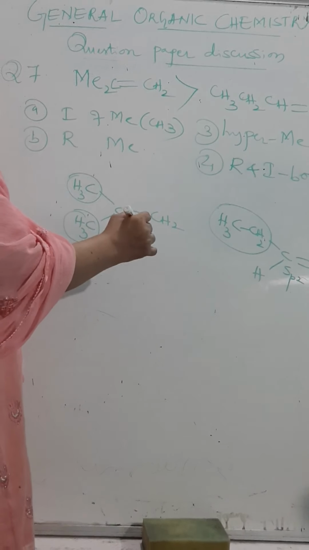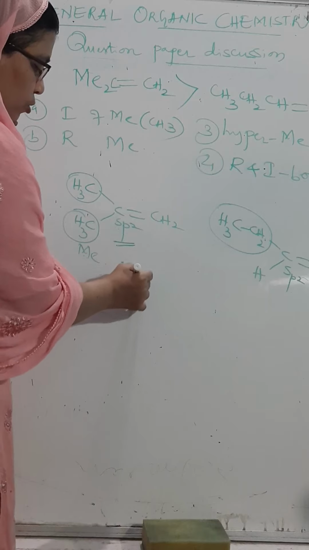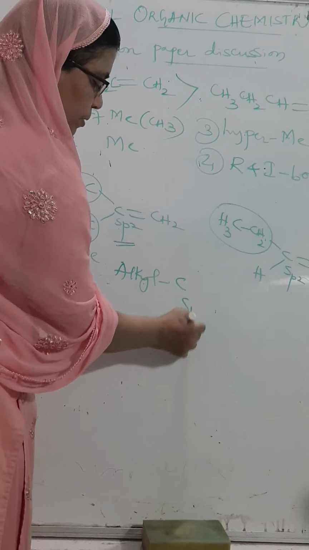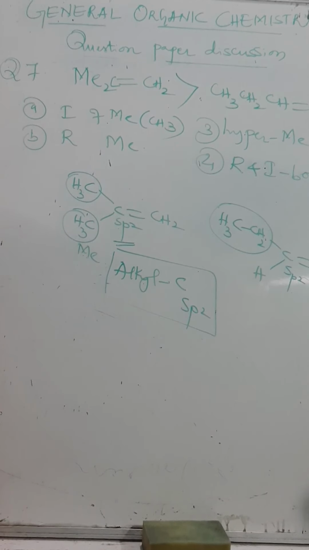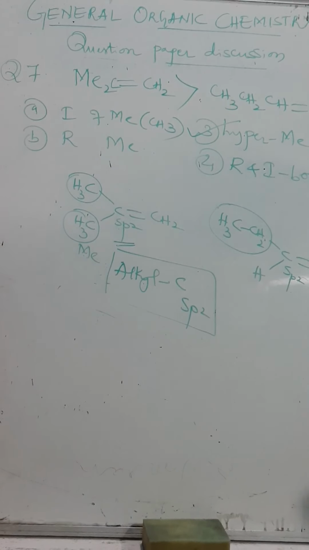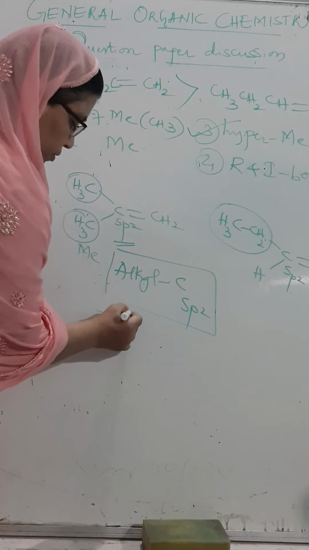This can be explained on the basis of what? An alkyl group linked to a carbon which is sp2 hybridized. Which electronic effect is it? Hyperconjugation. Hyperconjugation is also called the Baker-Nathan effect.